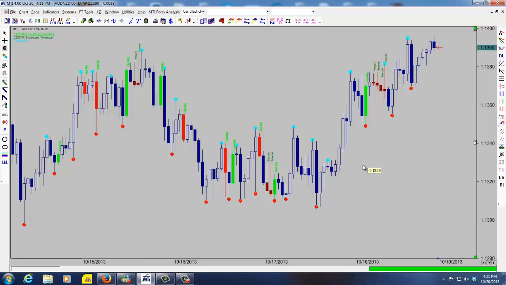If you can read a chart and you can read candlesticks and you can use Fibonacci, you can trade anything. You don't have to just trade Forex. I trade Forex and I trade options. I trade both.